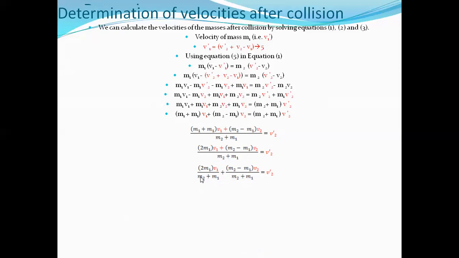In this way, we can calculate the velocity of the second particle, of mass m2, after the collision, just by having the values of m1, the mass of the first object, the velocity of the first object, the mass of the second object, and the velocity of the second object. We can find out what velocity it would have after the collision.